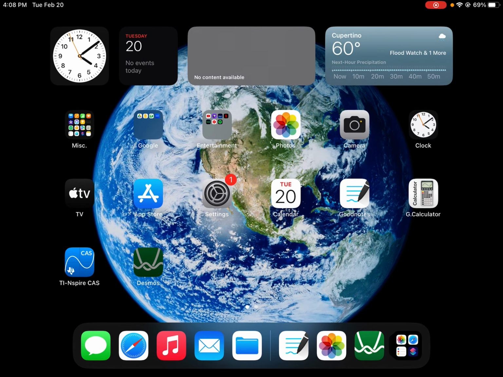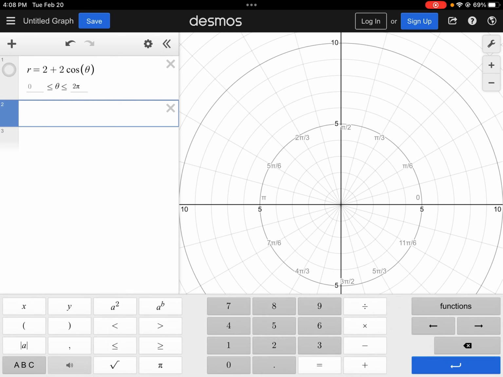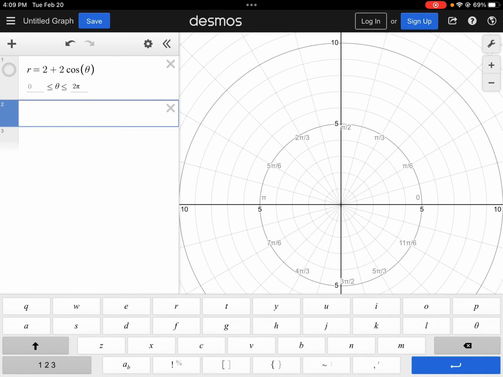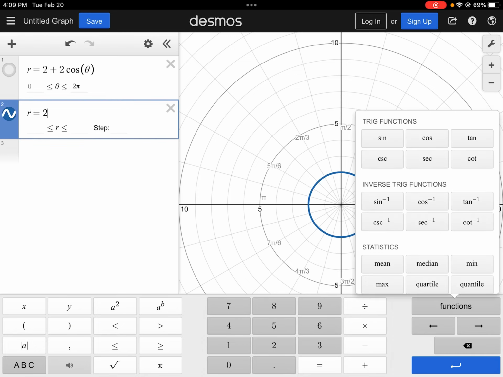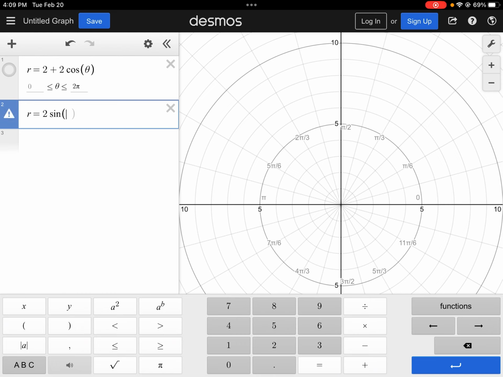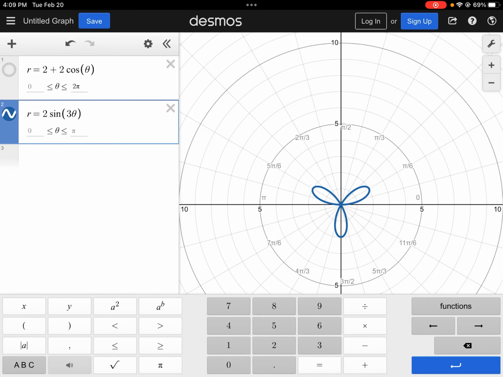Again, if we need a visual, use your TI-84. I don't have the TI-84 software in here, so I'm going to use Desmos. Let's go ahead and graph it to get a nice visual. r equals 2 sine of 3 theta. And we can see our rose curve with 3 petals.